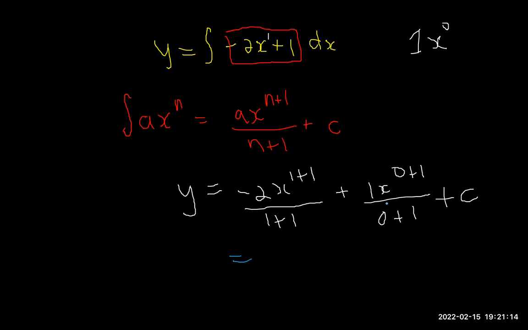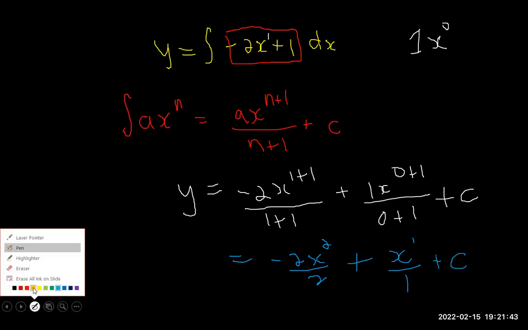So simplifying this some more, because we obviously can't leave it like that, right? So minus 2x squared over 2, and 1x to the 1 over 1, plus c. But we could simplify this even more.